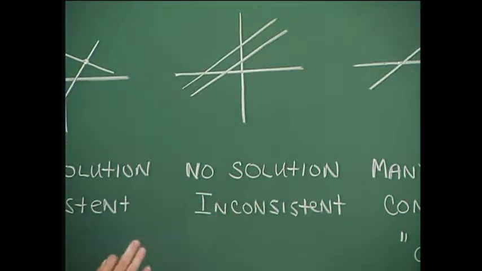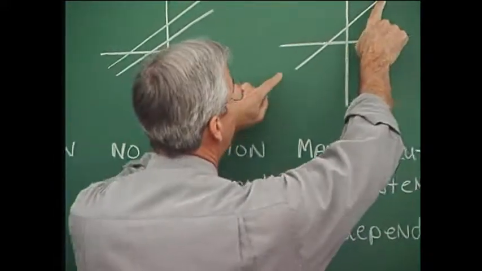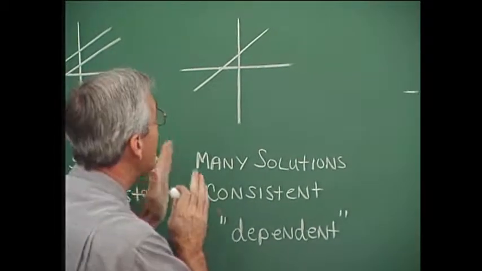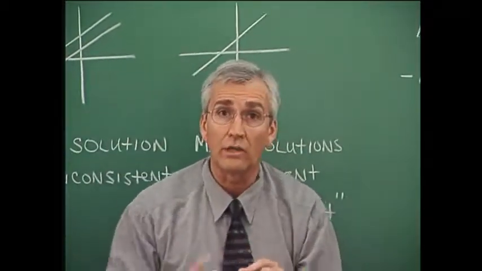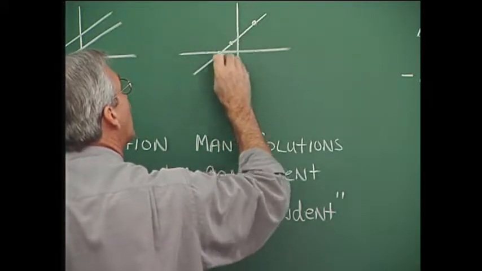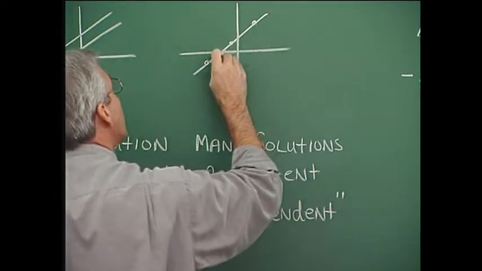Now, a third possibility exists here, and that possibility is this, that when we graph the first equation, it turns out to look like this, let's say. And then as you begin the process of graphing the second one, you discover that the points that you're plotting turn out to be right on top of the first graph. So the second graph lies right on top of the first.